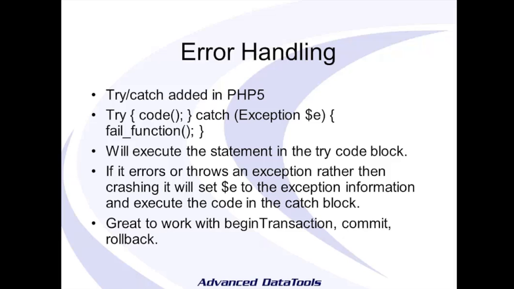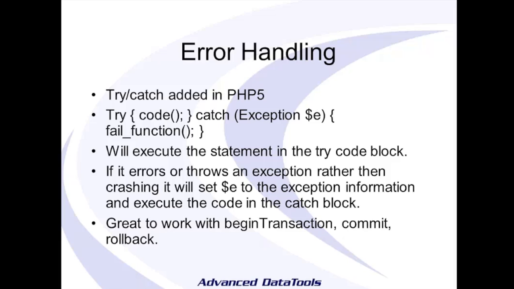What will happen is it'll run through everything in the try block, unless it hits an exception or an error, it'll fail right there, and then run whatever is in the catch block. Where I use this heavily is at the beginning of the try block, I do a begin work. At the end of the try block, do a commit, and in the catch block, do a rollback. So it'll start doing all the work, doing all the SQL statements.